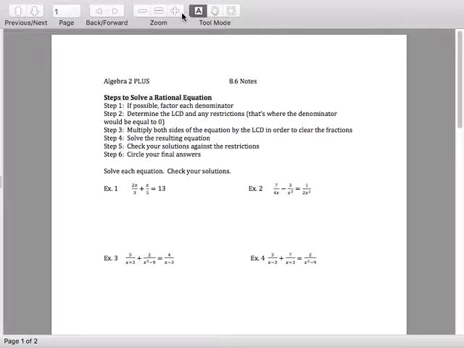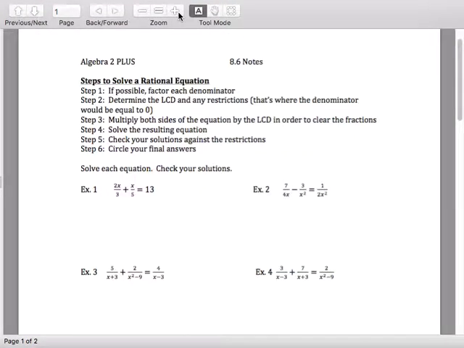Today we are going to cover 8.6, which is solving rational equations. So what I want to have you write down at the tippy top here: an equation has an equal sign.